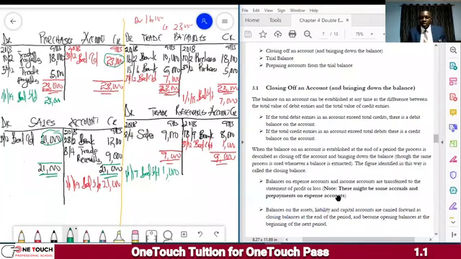Good. Now, the balances on the asset, liability, and capital accounts are carried forward as closing balances at the end of the period, and they become opening balances at the beginning of the next what? Period.